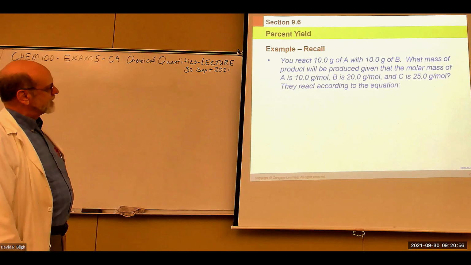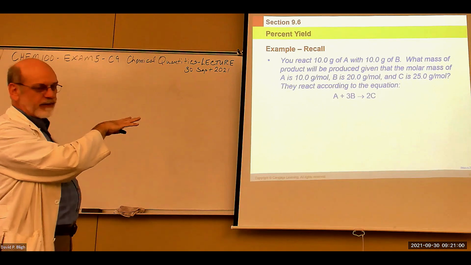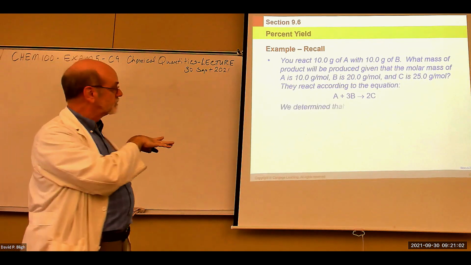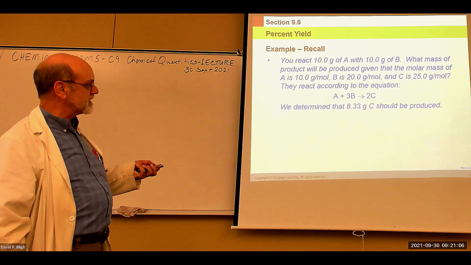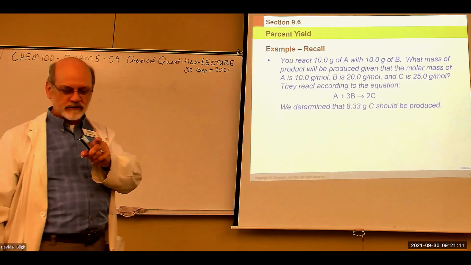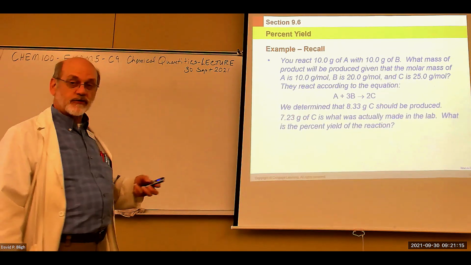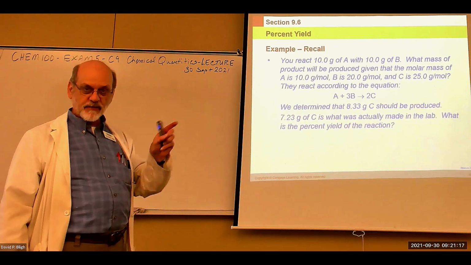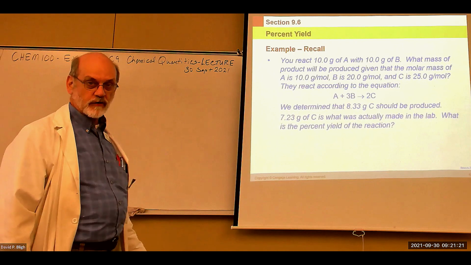So if we have this reaction where A plus 3B equals 2C, and you determine that 8.33 grams of C should be produced, that's 100% yield. But you measure 7.23 grams as the product. Then the percent yield is simply the ratio of those two numbers.